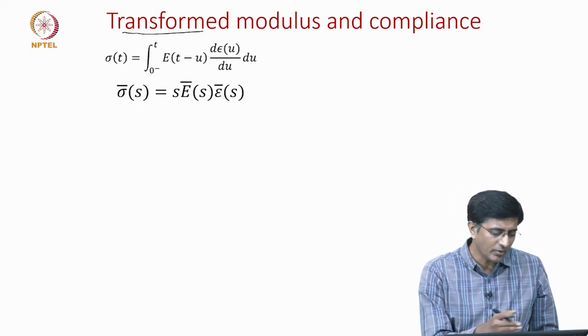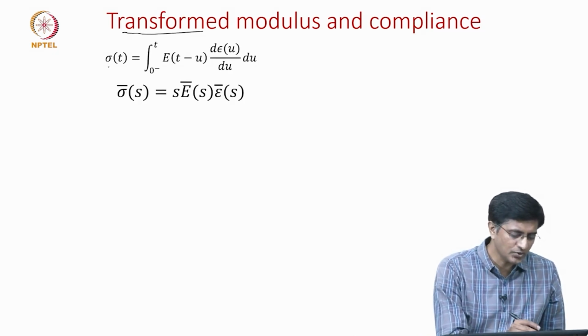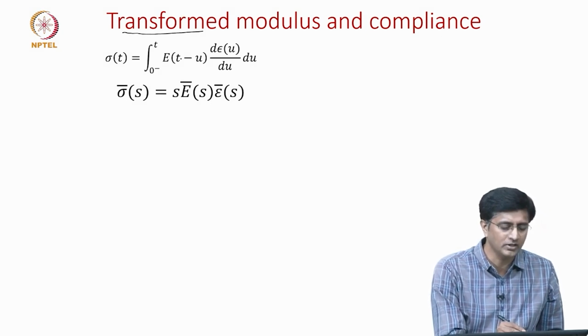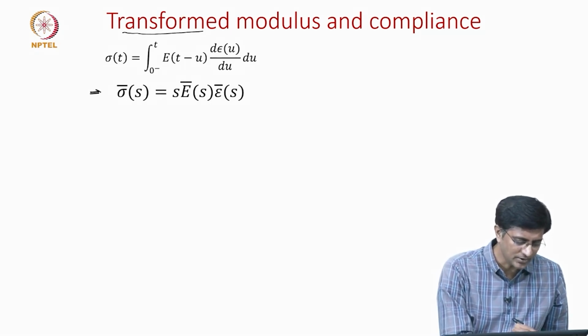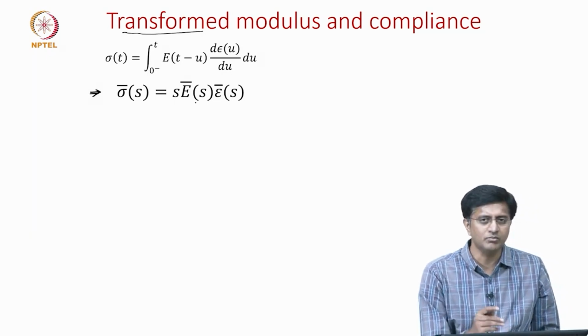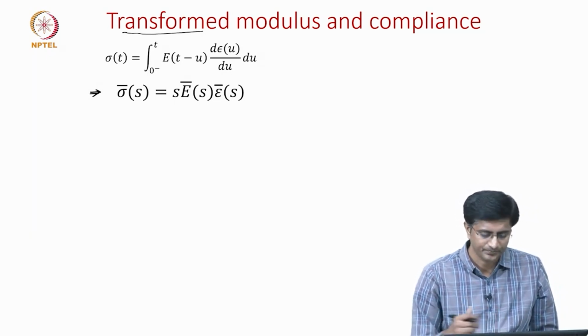Here we are recapping what we already showed in the previous slide, saying that for the stress response, when we start with the Boltzmann integral and take the Laplace transform on both sides, we got this relation. How did we get this relation? By invoking the convolution integral formulas.